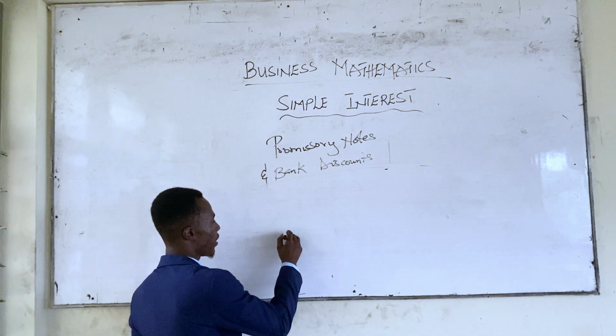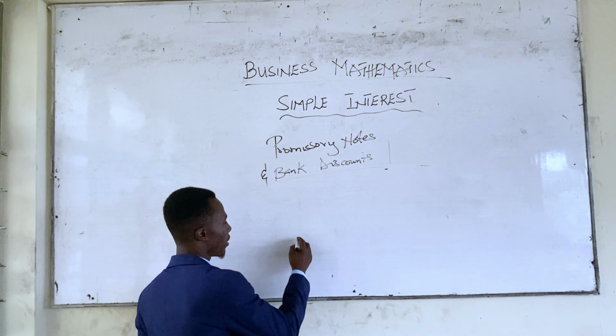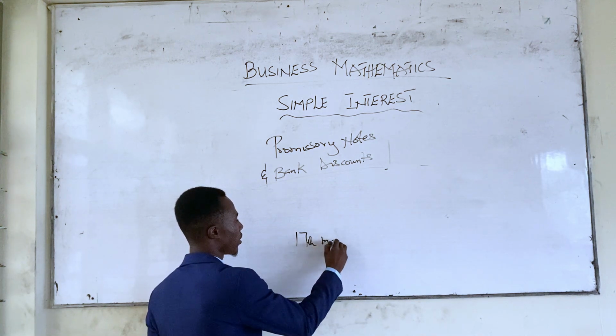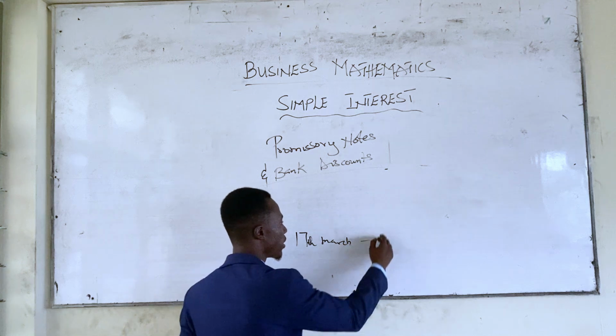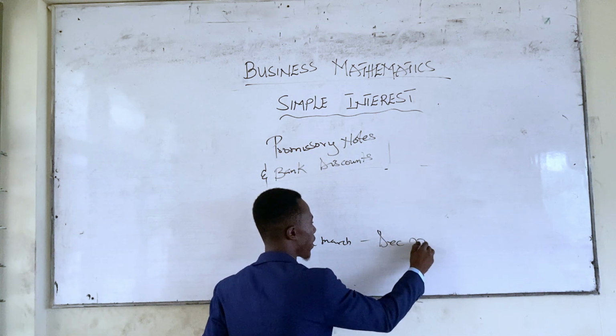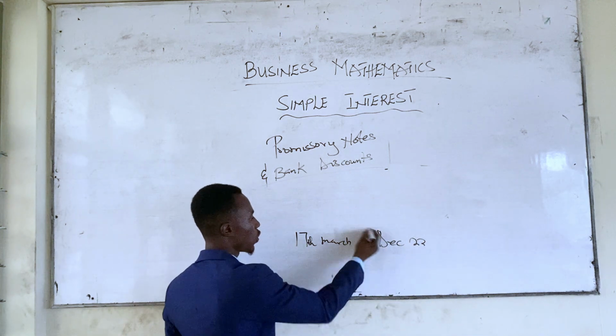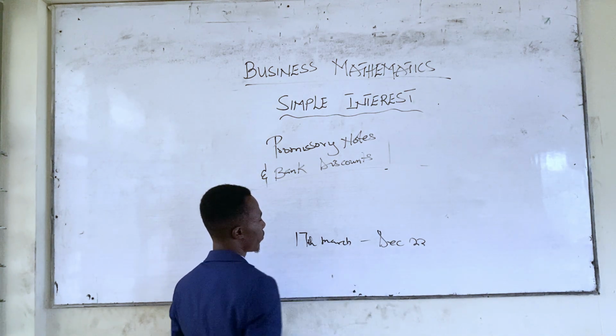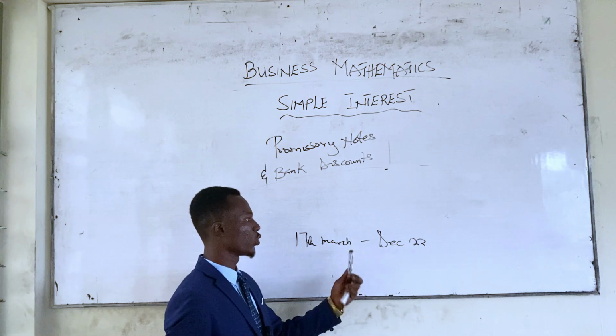So if the person takes the money from, let's say, 17th of March to, let's say, December 22nd, you have to calculate for the due date from here to here. No, this one, you are just going to calculate for time.